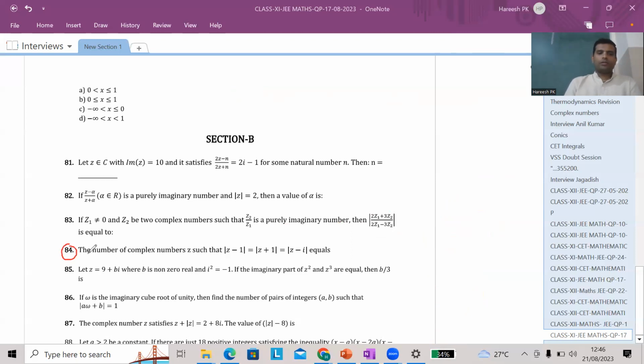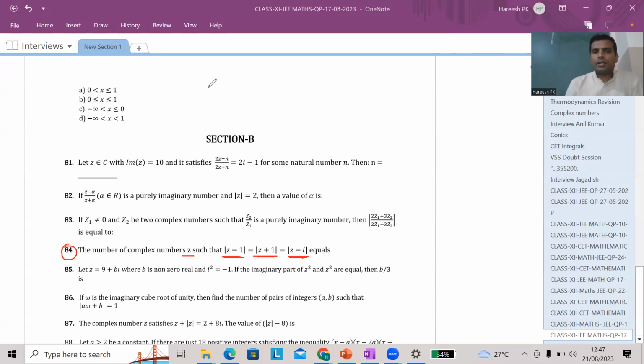So 84th is also a question in your CET module. The number of complex numbers such that mod z minus 1 is equal to mod z plus 1 is equal to mod z minus iota. What is the meaning of this question?